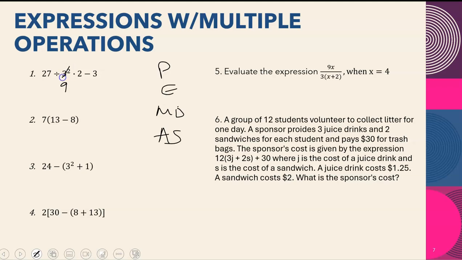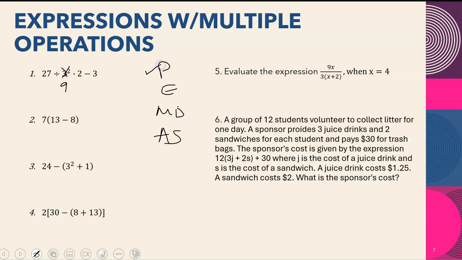After we do one step, that takes the place of where we were working. So instead of 3 squared, now what's there is 9. Everything else is still the same. We have 27 divided by 9 now, times 2 minus 3.